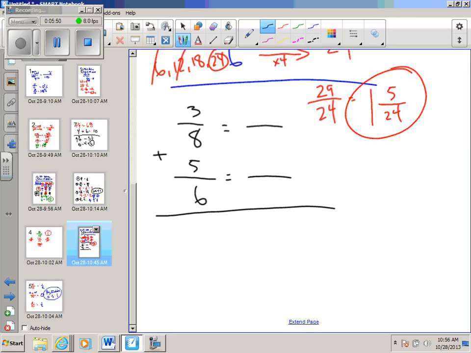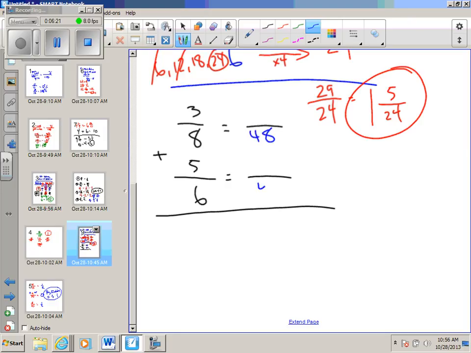Maybe you thought of something larger, like 48. How did you get 48? Yeah, sometimes people take 8 and 6 and multiply them together. That is always a way to get a common multiple. It's always a way.